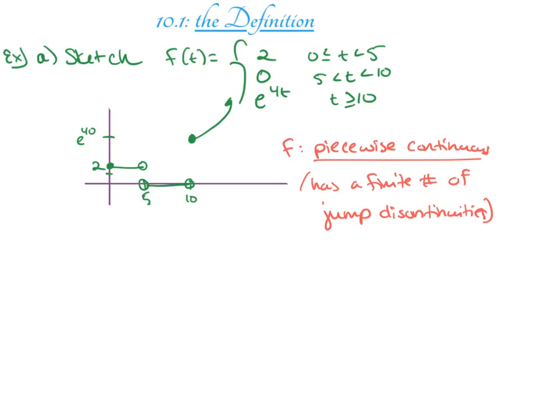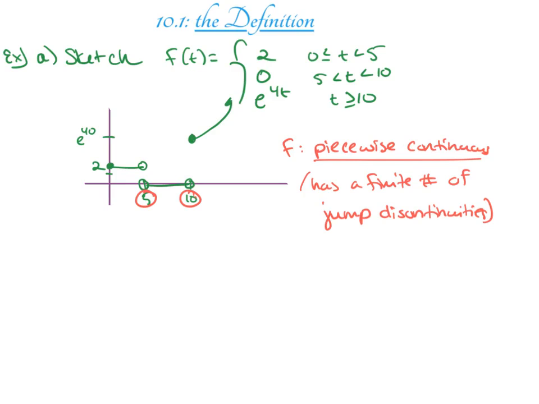So it has a discontinuity at 5 and at 10, but they are what we call jump discontinuities. They're not asymptotes. That asymptote would not be a jump discontinuity. It just simply goes from one value to the next value at a jump. So as long as we have a piecewise continuous function, then we can take the Laplace transform of that function.